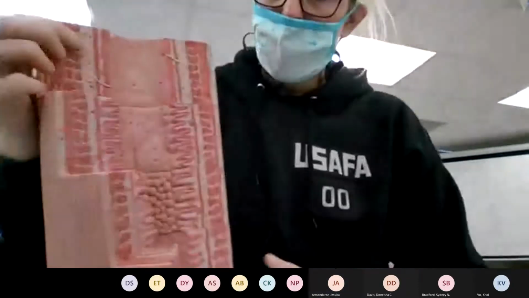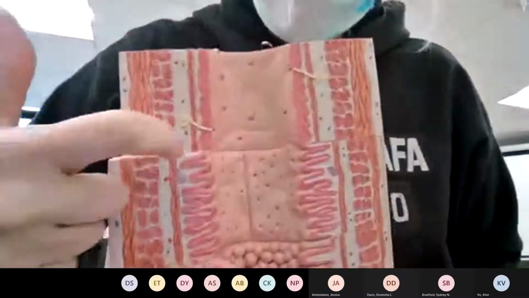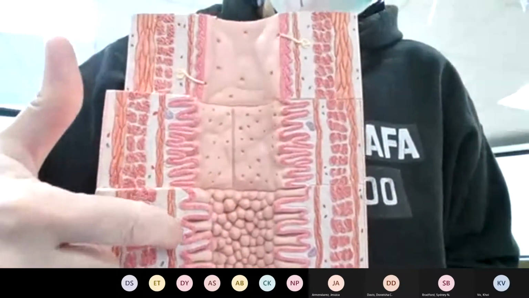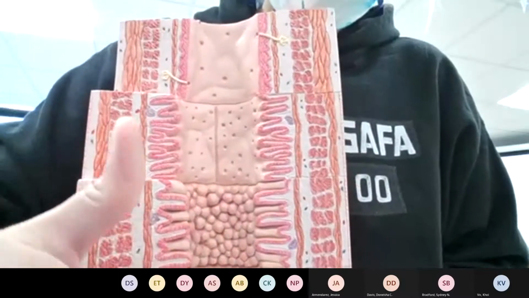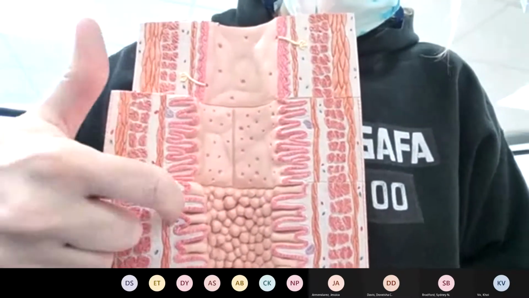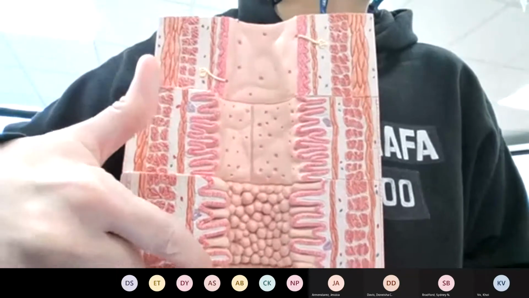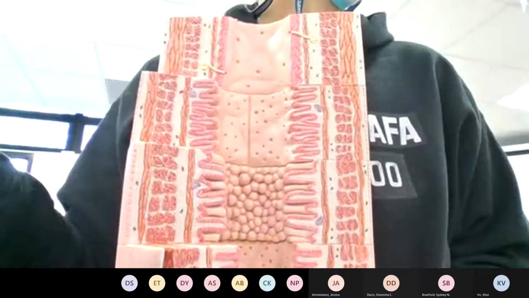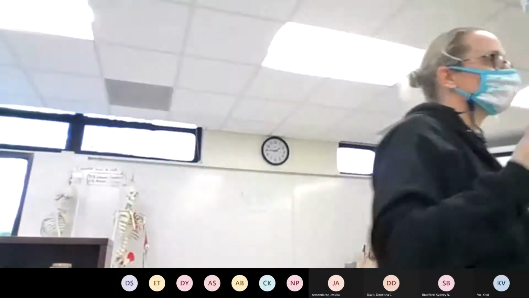So in this model, which is part of next time, you can see the simple columnar of the stomach, simple columnar of the small, simple columnar of the large. The capillaries in these connective tissue areas behind these cells, the lymphatic ones are called the lacteals, and the regular blood ones are just called capillaries.